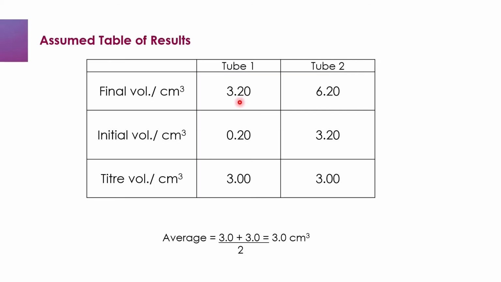As you can see from the assumed table of results over here, we have a titre volume of 3 centimeters cubed for test tube 1, and also for test tube 2 we have a titre volume of 3.0. So we have an average titre volume of 3.0 centimeters cubed.